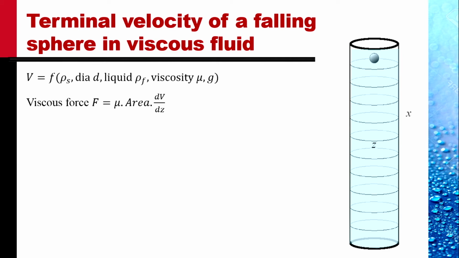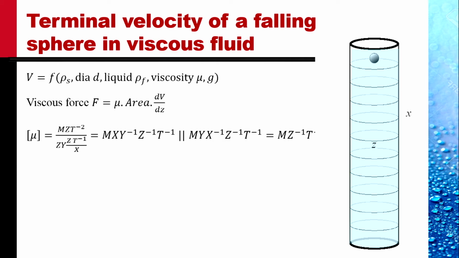We obtain it with the relationship of the viscous forces from Newton's law of viscosity. The viscous force F is mu times area times the velocity gradient dv by dz. And so the dimension of mu would be the dimension of force in the z direction, m z t raised to minus 2, divided by the area, which would be yz, the side area, and the velocity gradient in that direction of the velocity field.